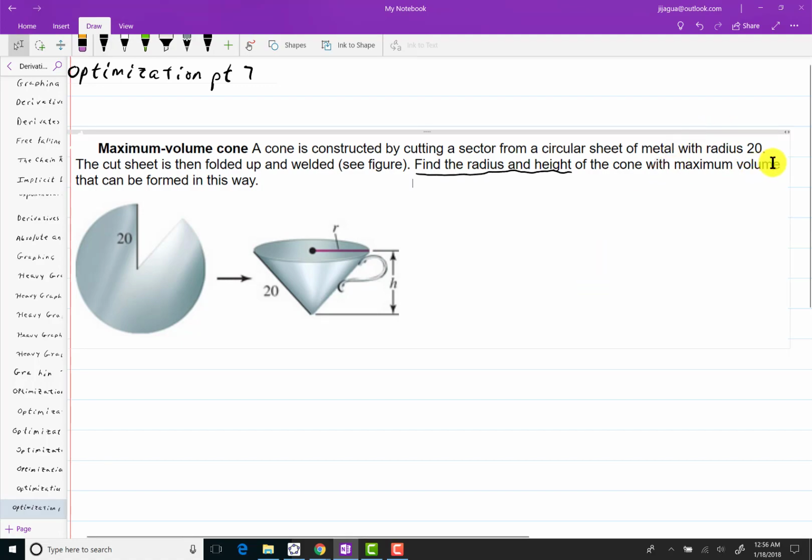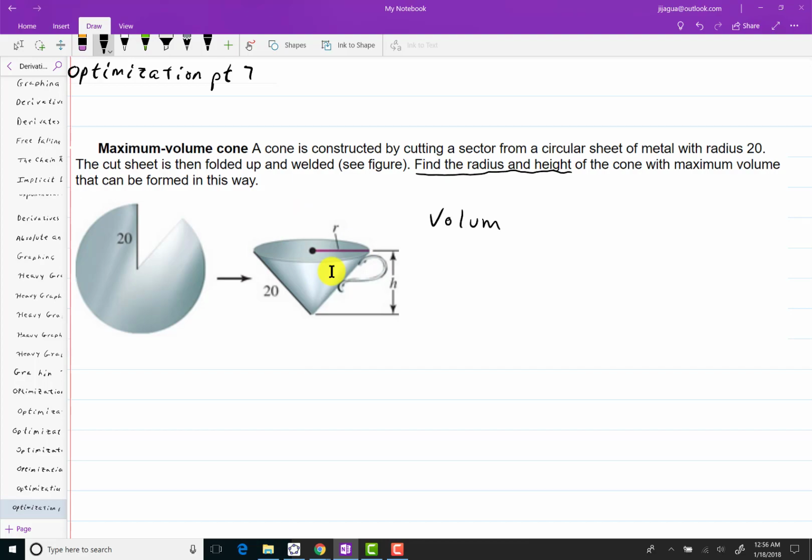Cone with maximum volume. First of all, to get the volume of a cone, the formula is 1/3. So the volume of the cone, V equals 1/3 times the area of the base.